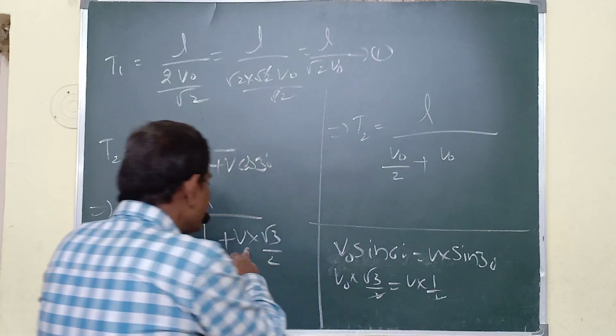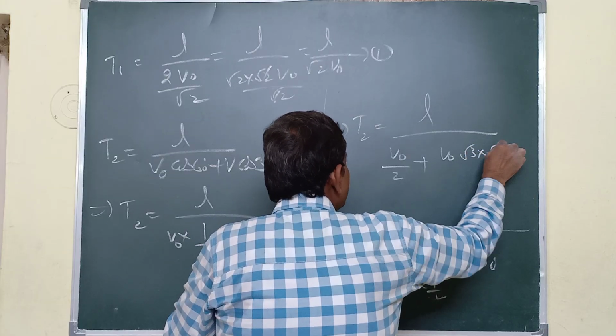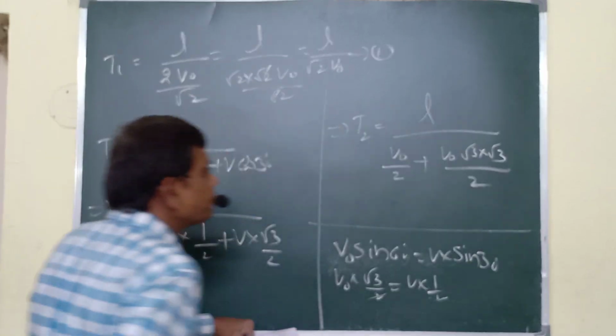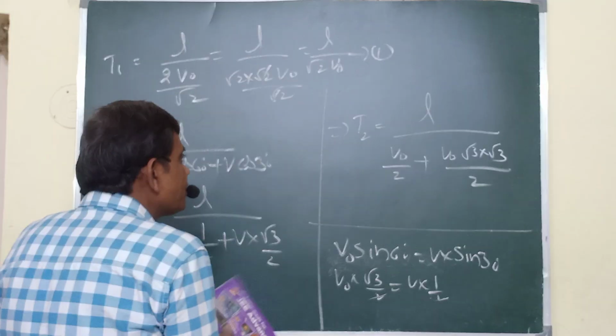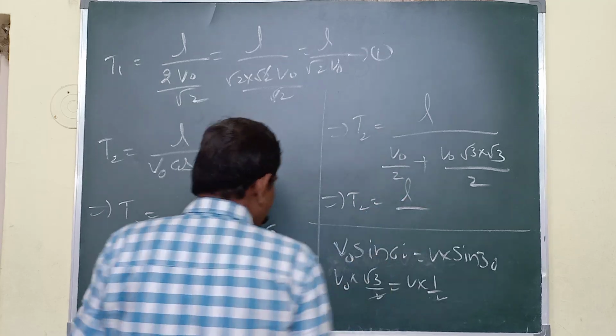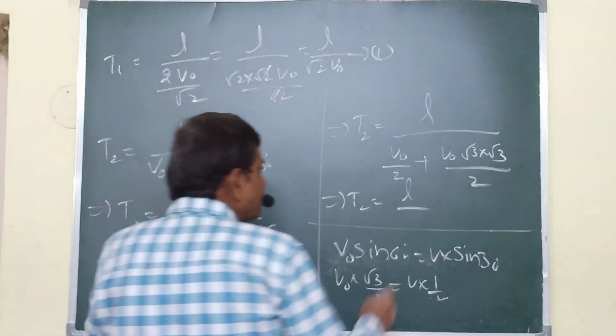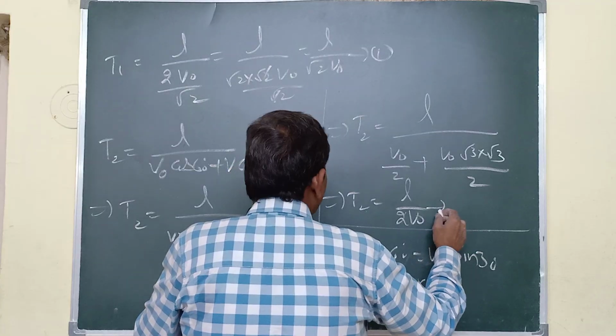After doing mathematics, we are getting T2 equals L by 2 V naught. This is my equation number 2.